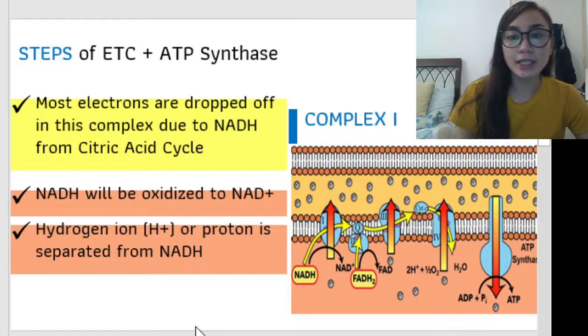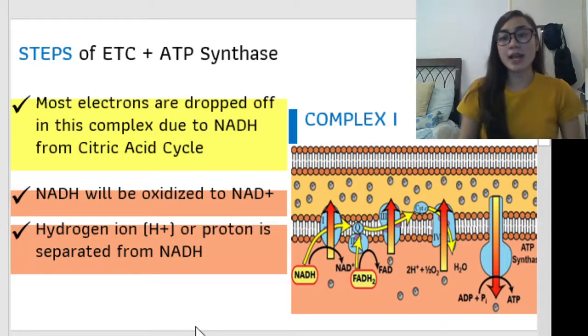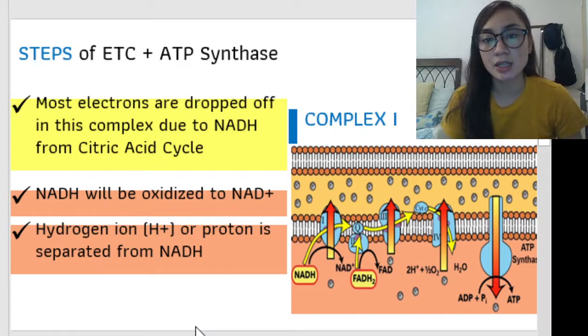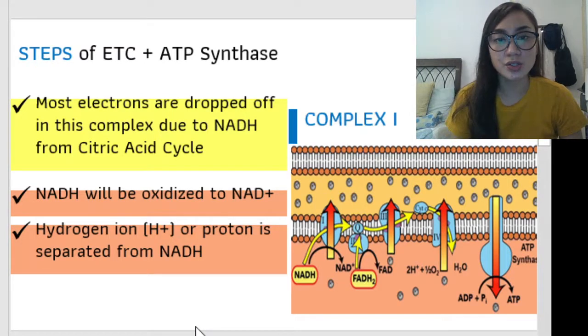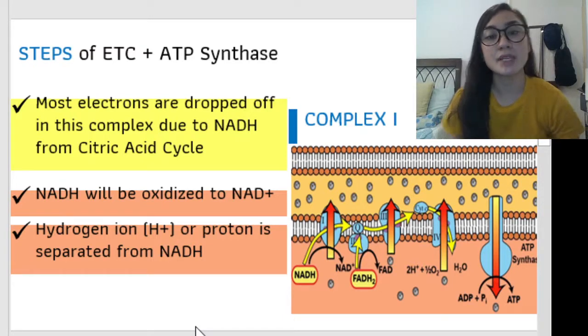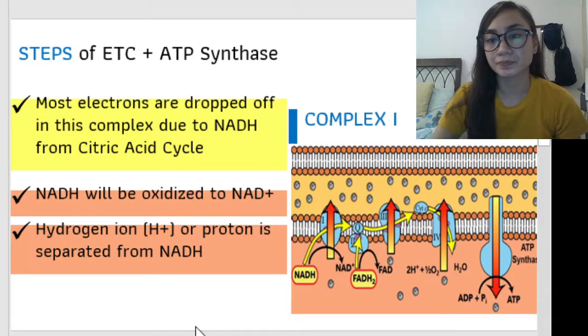So, yung NADH natin, it will be oxidized to NAD+. So, that being said, being oxidized, hydrogen ion or yung ating proton will be separated from NADH. So, ito din yon. NADH will be separated.